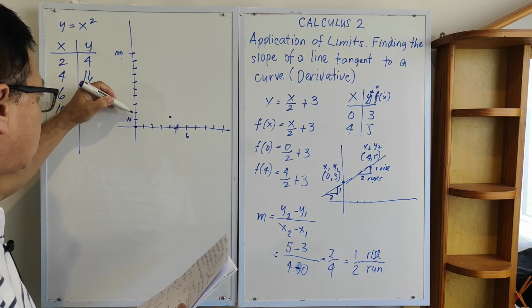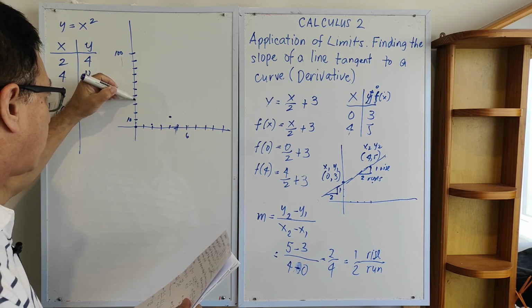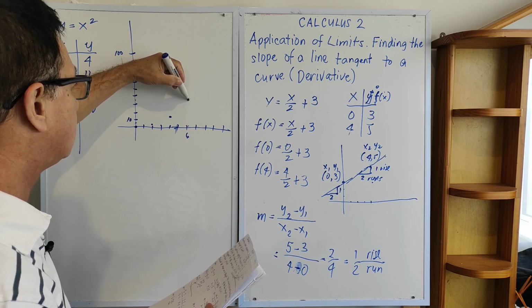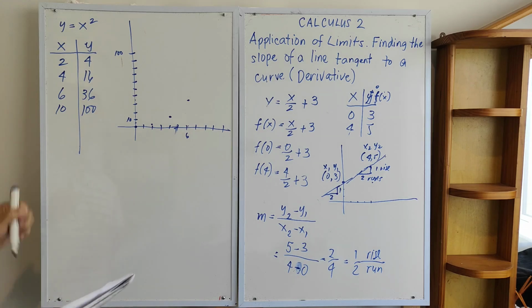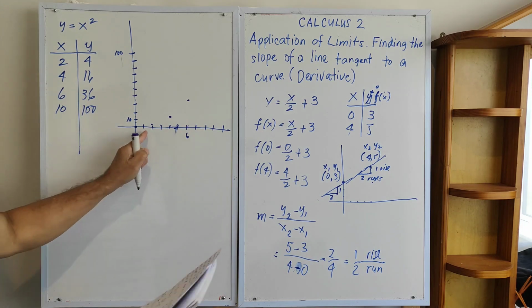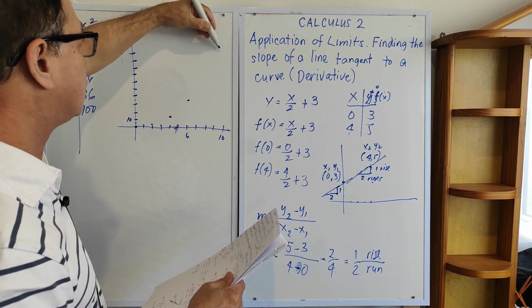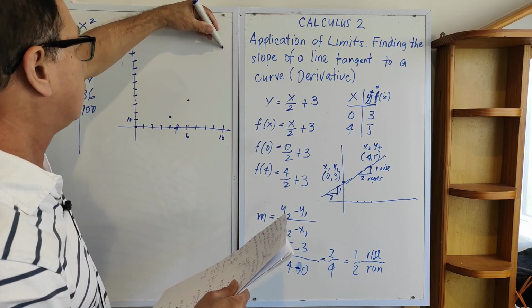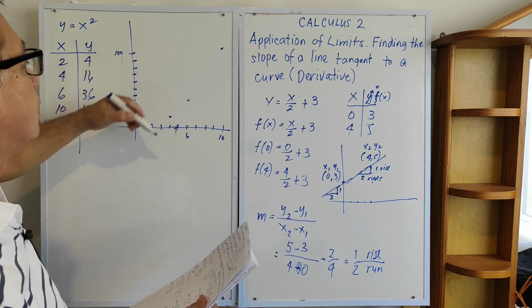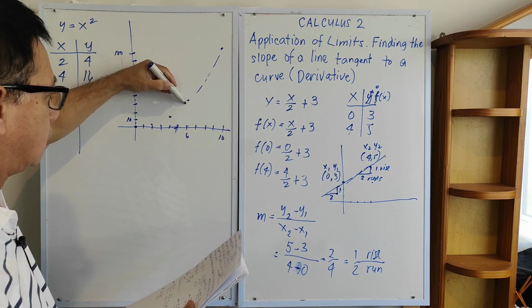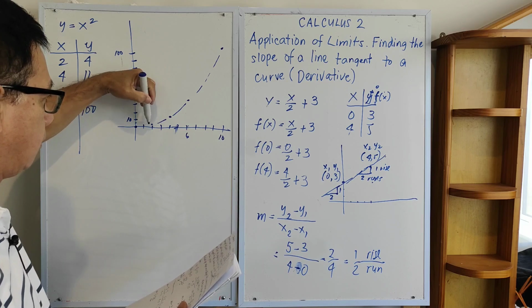Your 36 is 10, 20, 30, 35, so 36 is slightly here. And then 10 and 100. So this is 10, this is 100. So it's approximately along this line. So this will be your curve.